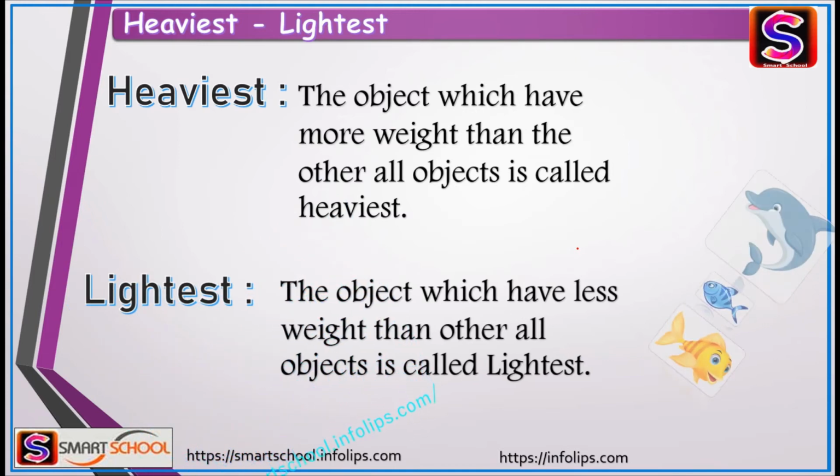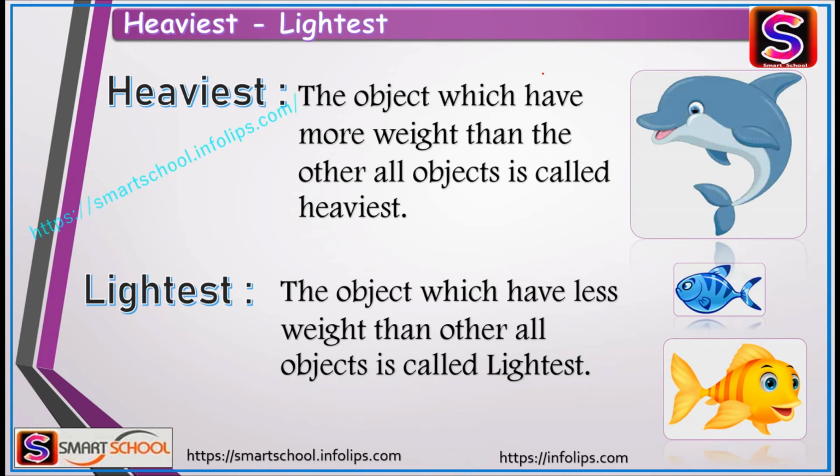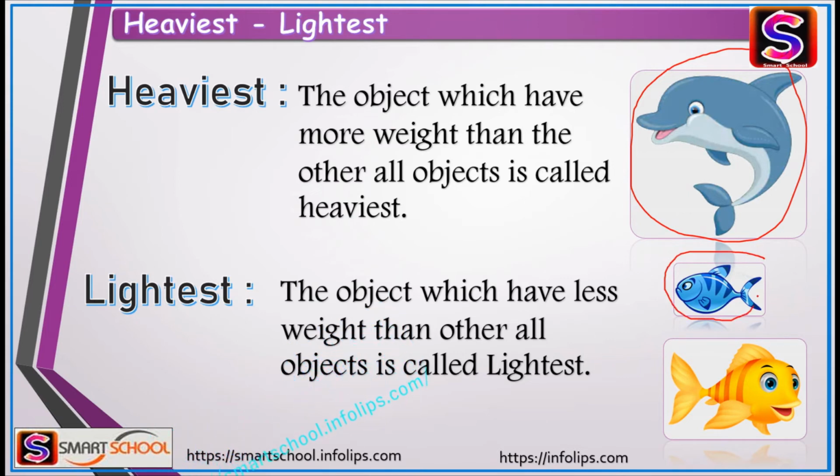See here an example. There are three fish. The first one is a dolphin, the second one is a small fish, and the third one is a little bit bigger than the second one. The dolphin is very big and has more weight, so the dolphin is heaviest in these three fish.